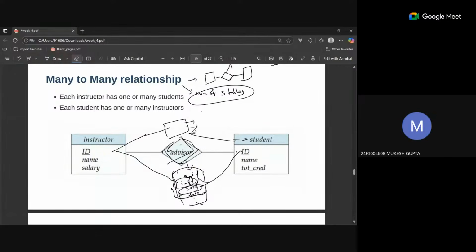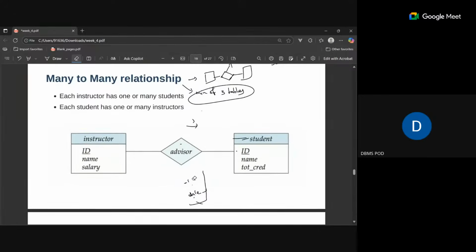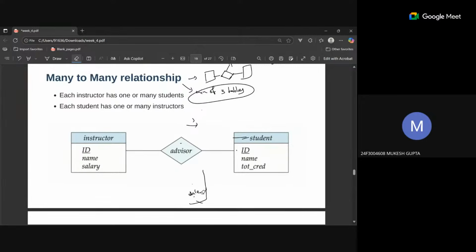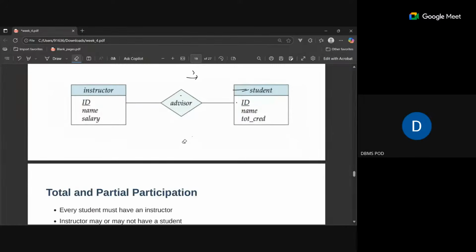So which attributes are there in the third table? That you have to decide. In this case, if I have a third table, the necessary attributes are the advisor ID, which is the intermediate table's own ID, the ID from instructor, and the ID from student.